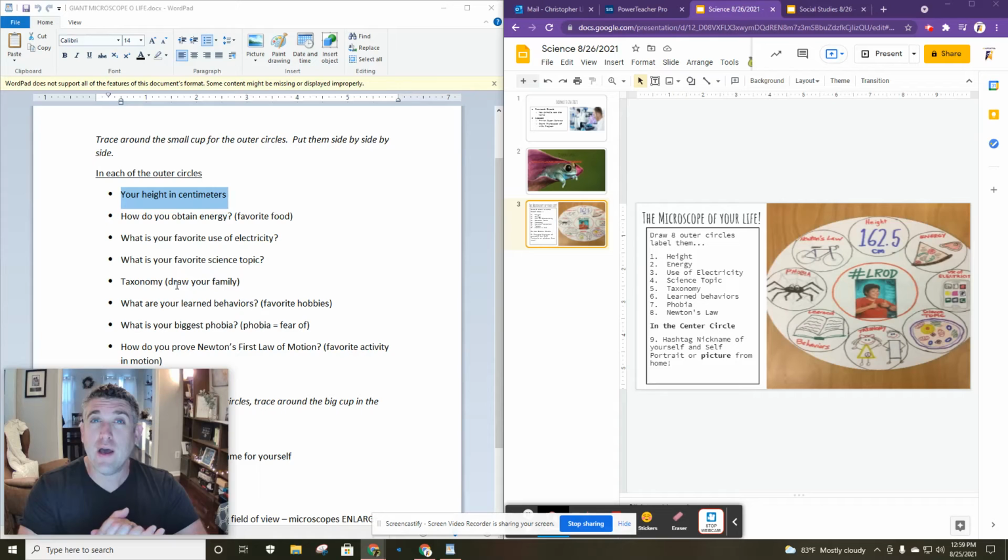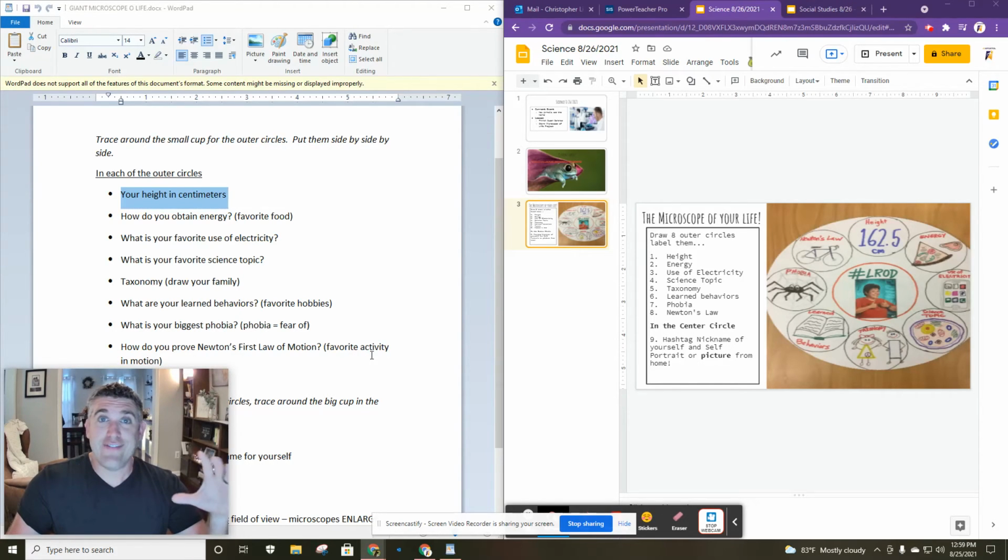Next, what is your biggest phobia? A phobia is a fear. As in the example, you can see that this person's phobia is a spider. Maybe your fear is to have no homework. Whatever it is that your phobia is, that's what you're going to depict here with the picture. And the last one is Newton's law, which is the first law of motion.